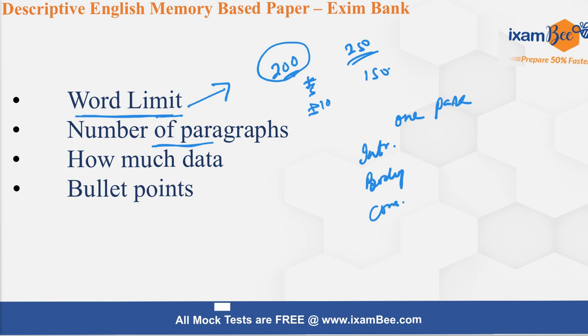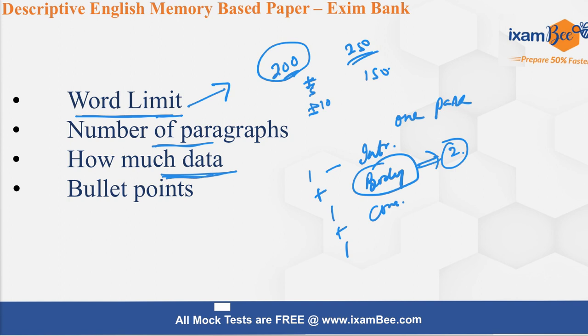If the word limit allows, in the body you can keep 2 or 3 paragraphs. But if it is 150 or 200 words, it can be 1 plus 1 plus 1, or 2 also, depending on what you want to tell there. And if you feel that your body content is clearer in 2 paragraphs, you can do that.